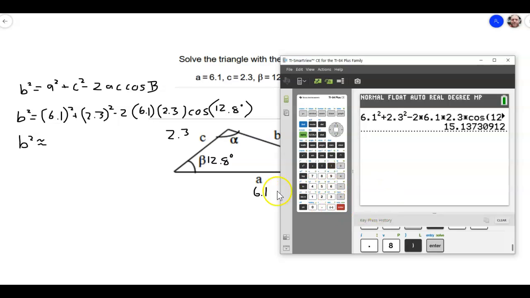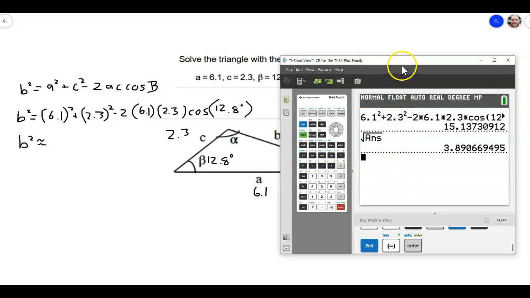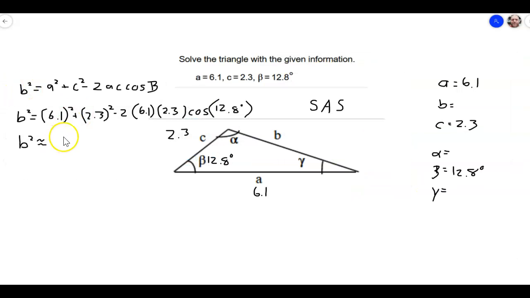And we're going to get this here, and then I'm going to end up taking the square root of both sides. So this first one is going to be about 15.1373, and then you take the square root of both sides, so b is approximately equal to 3.89.